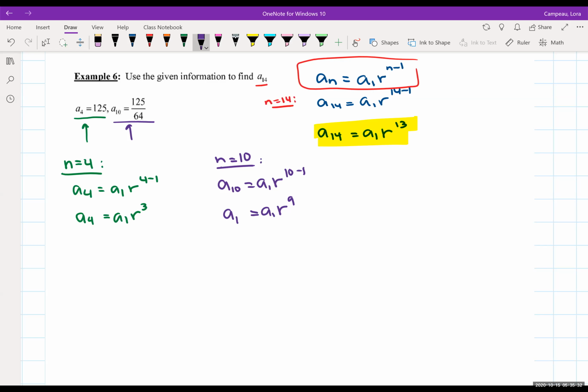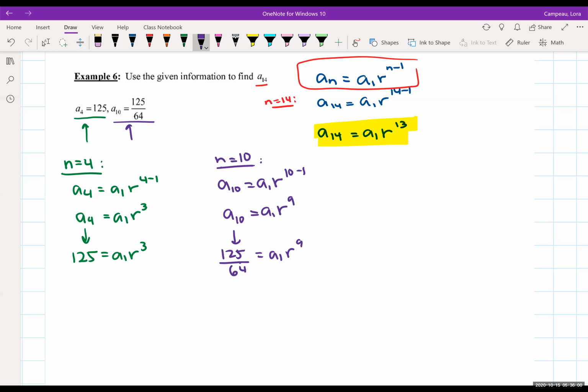And now, since we do have the values of both of these terms, a sub 4 is 125, which equals a sub 1 r cubed. And a sub 10 is a fraction: 125 over 64 equals a sub 1 times r to the 9th.